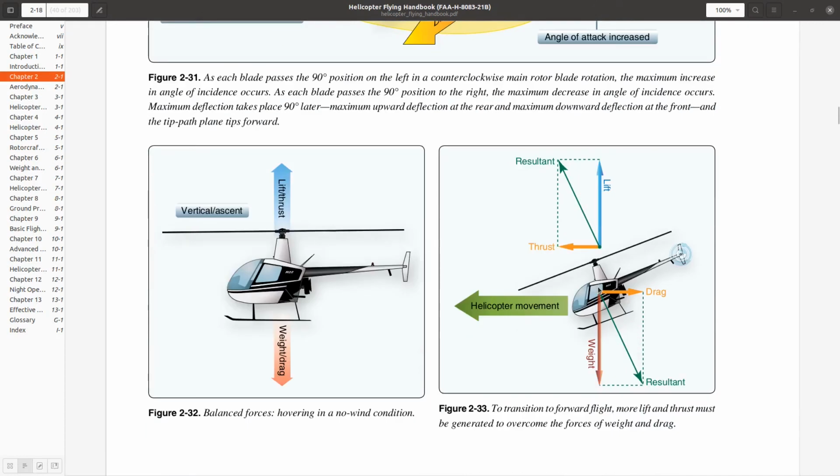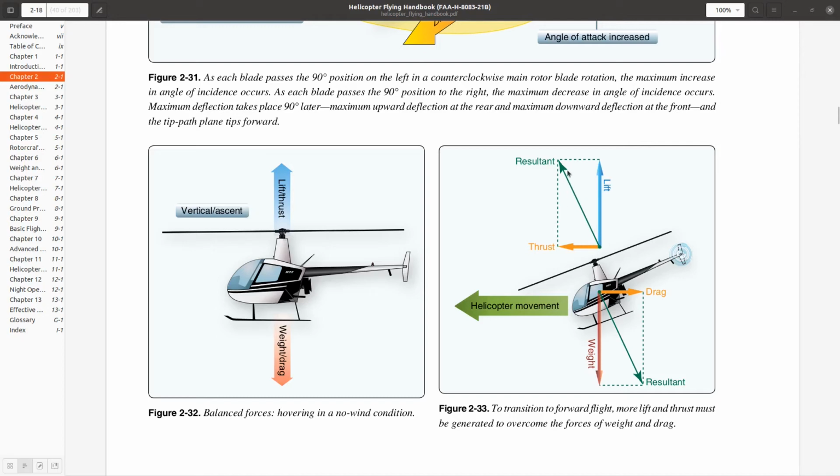And if you're having a hard time with this, ask questions in class about it. I know this is pretty complicated stuff. All right, so here we are in a hover with no wind. It's somewhat simple. And how do we go from this situation to forward flight? Well, we tilt the rotor blade forward. So we tilt that lift, if you will.